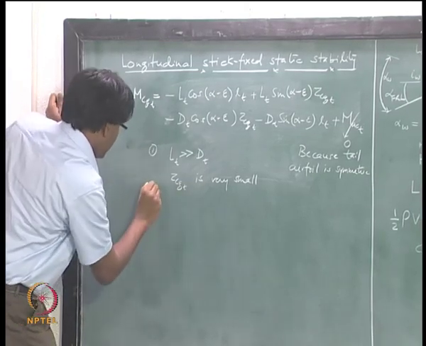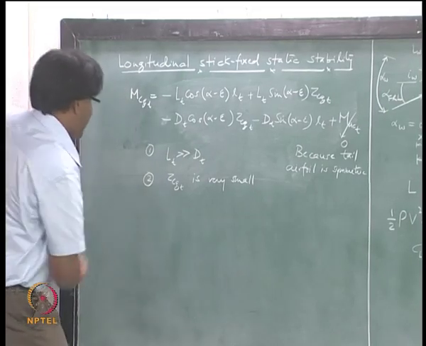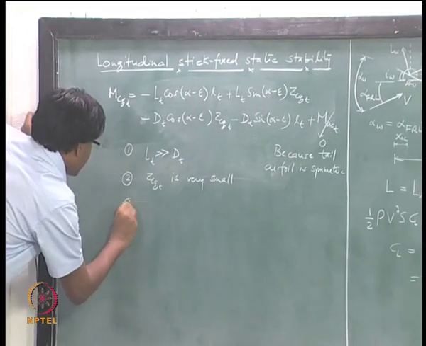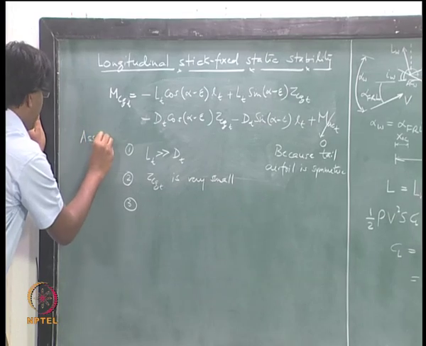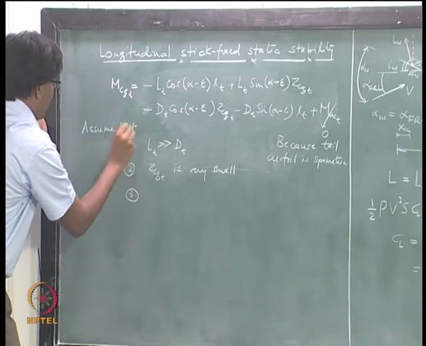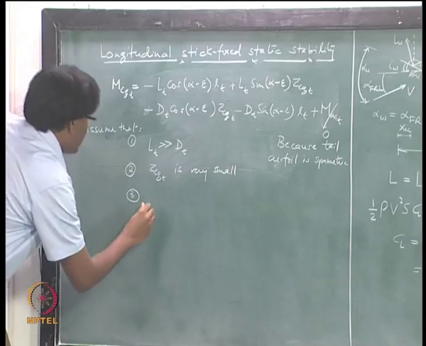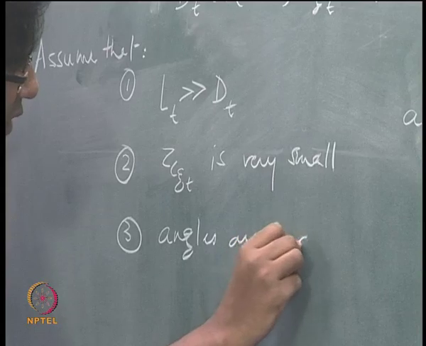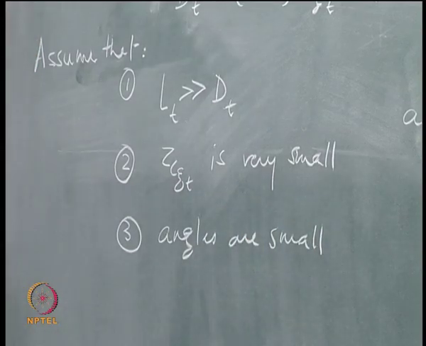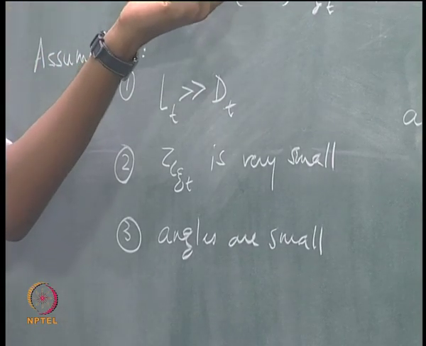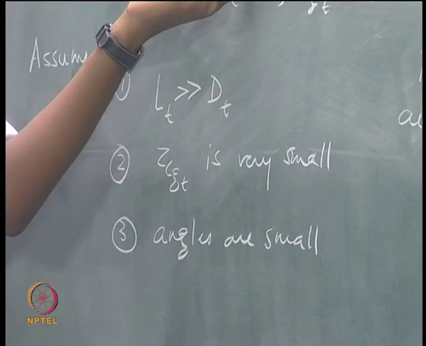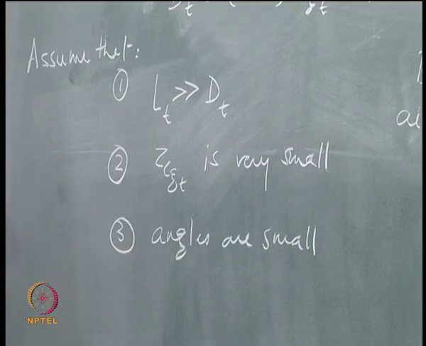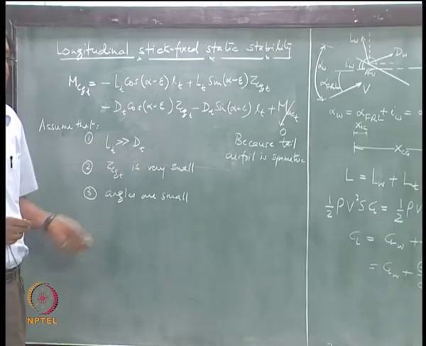So one assumption is this, second is this, and the third one. So cos of alpha minus epsilon is 1.